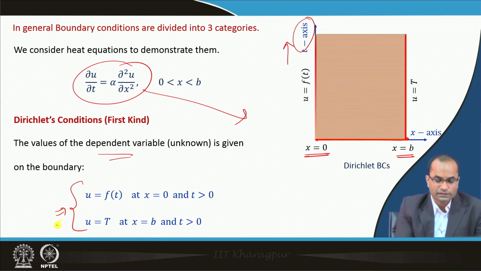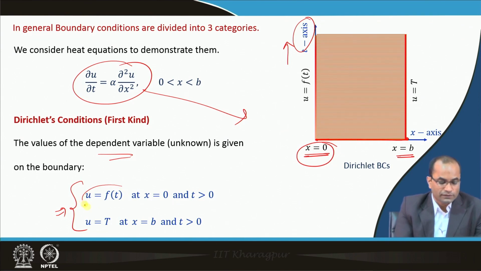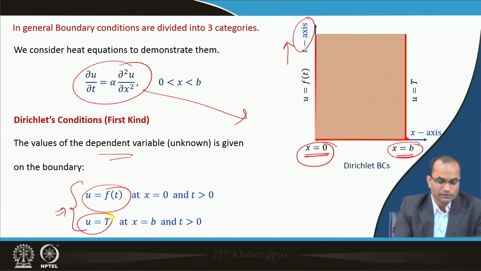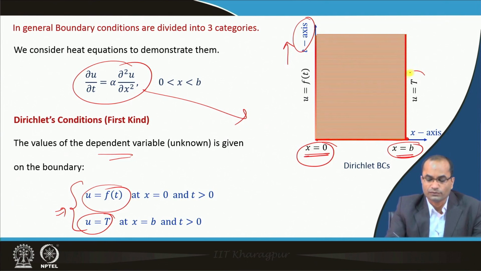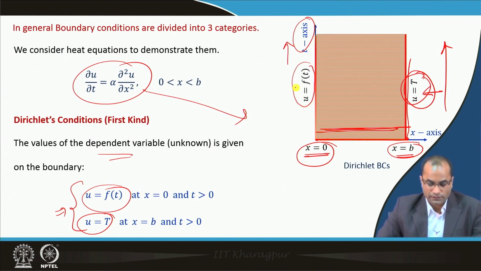According to these boundary conditions, at x equal to 0 u is given as a function of time, and at x equal to b, u is prescribed as a constant value. So, at this end throughout the time, here the time varies, but at this end of the bar u is always fixed, and at this end u is given as a function of time.